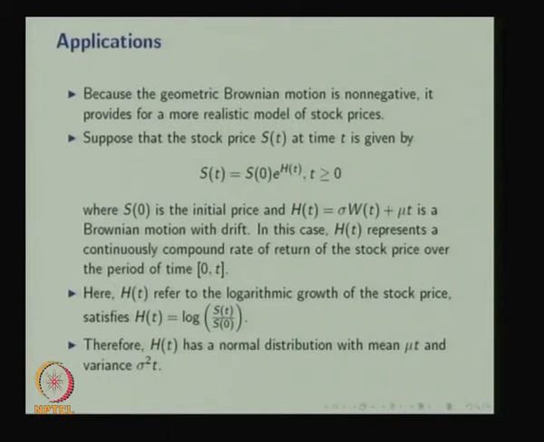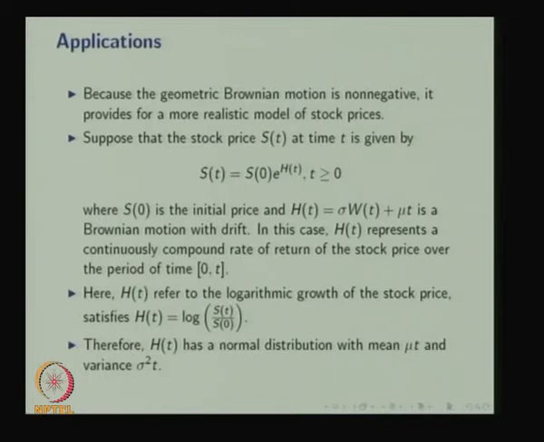Suppose the stock price S t at time t is given by S t is equal to S naught e power H t, where t is greater than or equal to 0, where S naught is the initial price and H t is of the form mu times t plus sigma times W t. We are going for a little generalized one.